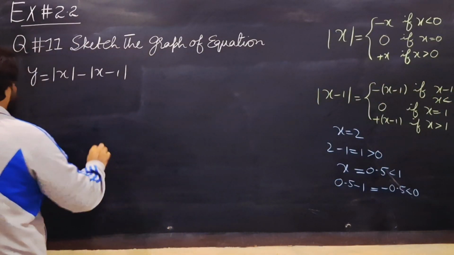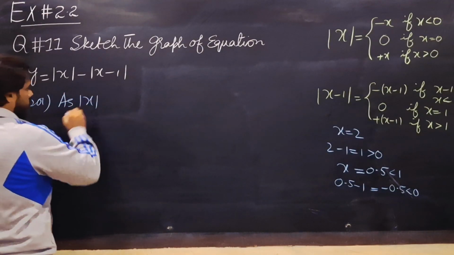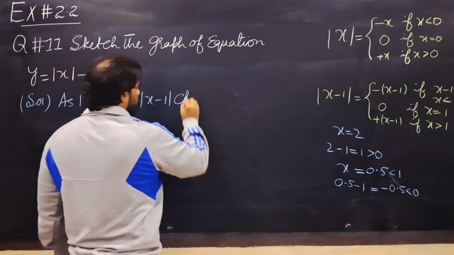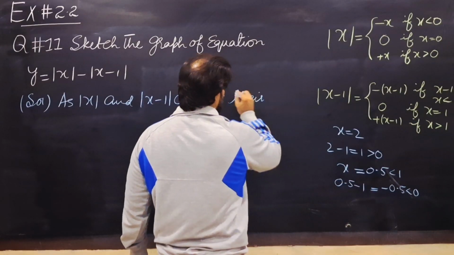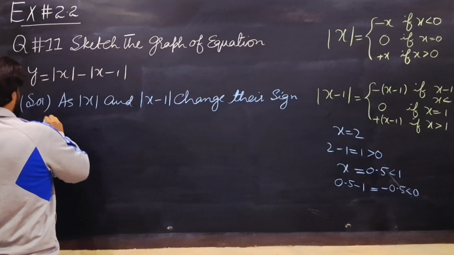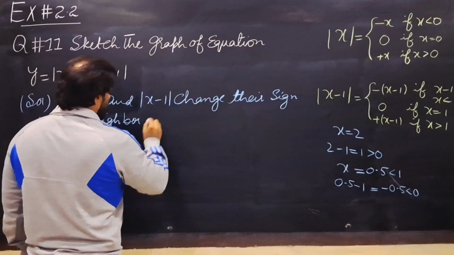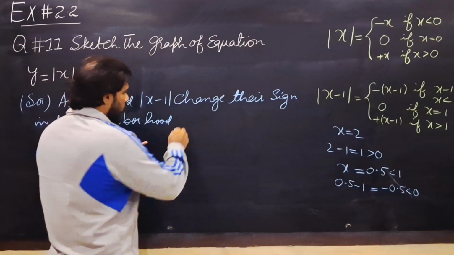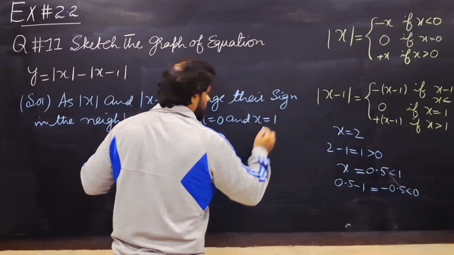So firstly, we will write that |x| and |x minus 1| change their sign in the neighborhood of x equals 0 and x equals 1 respectively.